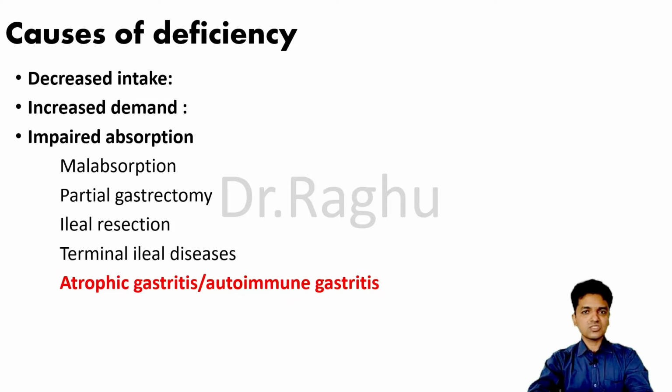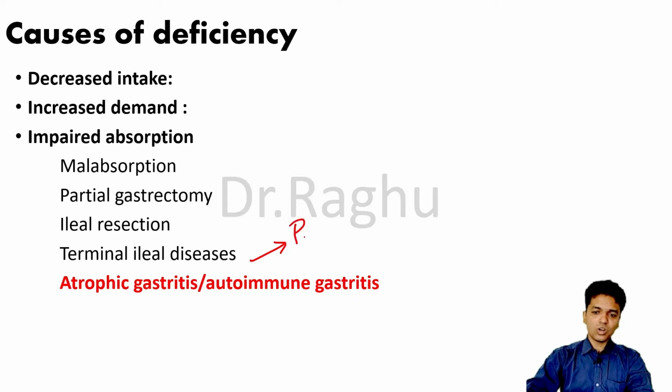So there is disruption of the parietal cells because of the autoimmunity. Now lack of parietal cells means there is a lack of intrinsic factor of Castle, and because of the lack of intrinsic factor of Castle, the vitamin B12 absorption is not going to take place, and hence the anemia which is developing because of this atrophic gastritis or autoimmune gastritis is what is called pernicious anemia.